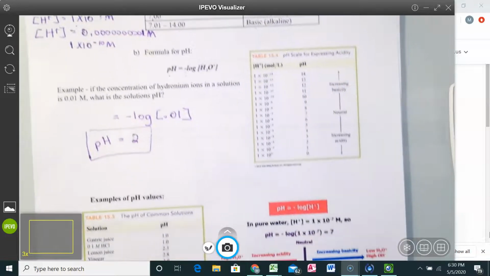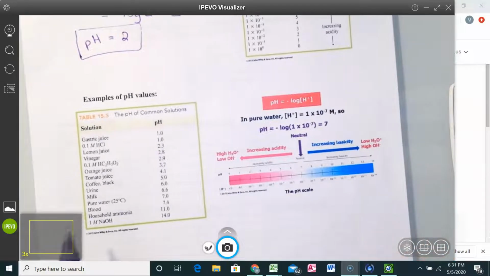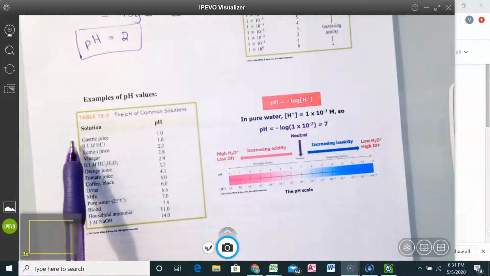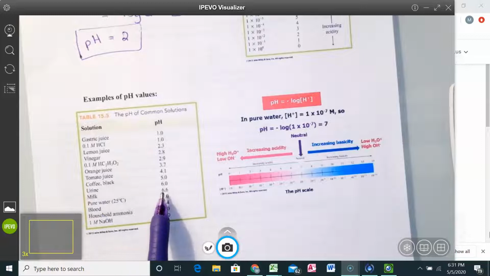The rest of this particular page just gives you some highlights, some common things we can look at. Things that have a very, very low pH are going to be more acidic. Things that have a higher pH are less acidic, closer to the basic side. If we look at tomato juice or coffee, milk in here, we're getting close to the neutral pH of 7.